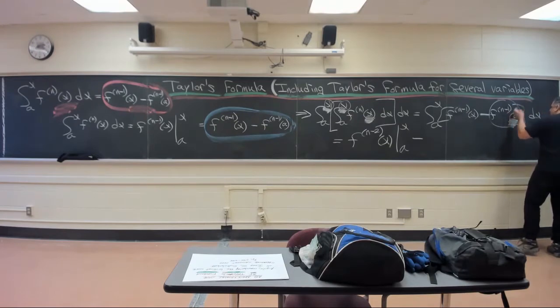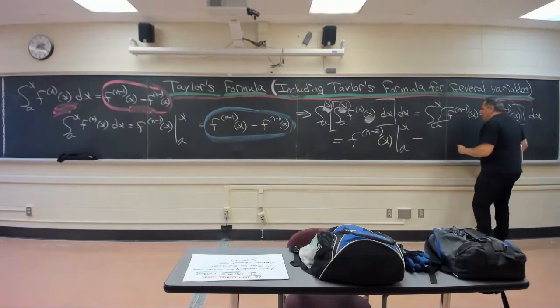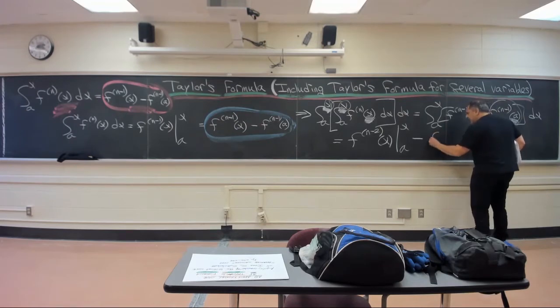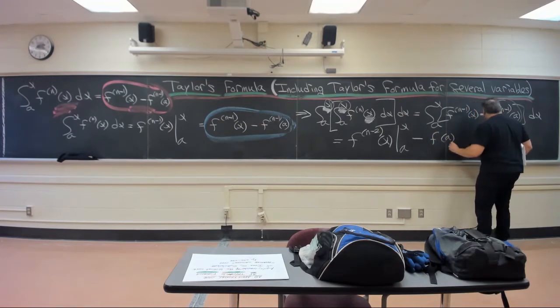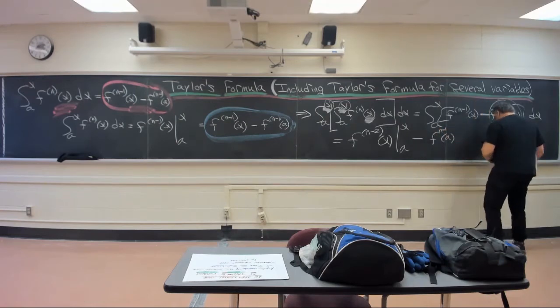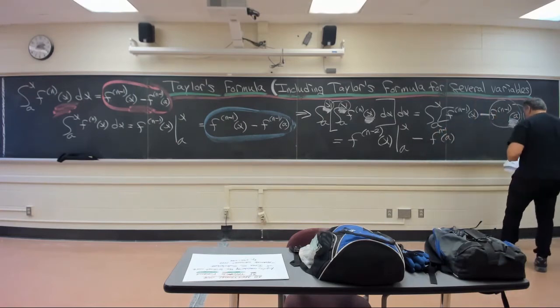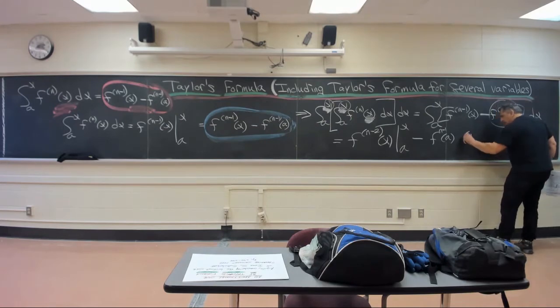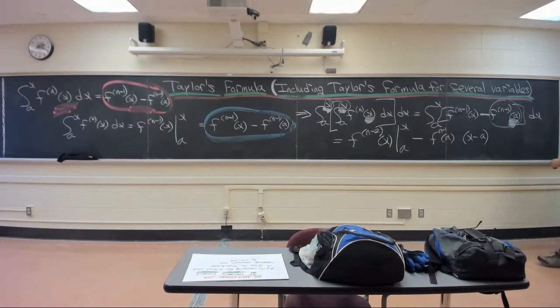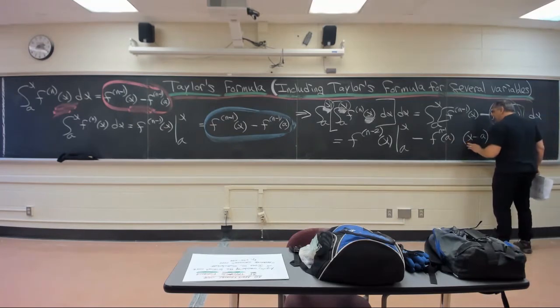So in other words, a constant dx, well, what is that? Well, then it's just this. Then this is minus f of a, the n minus 1th derivative, times, let's see how we write that. When you integrate that, you're getting x. Well, what's the evaluation of a constant times x between a and x?